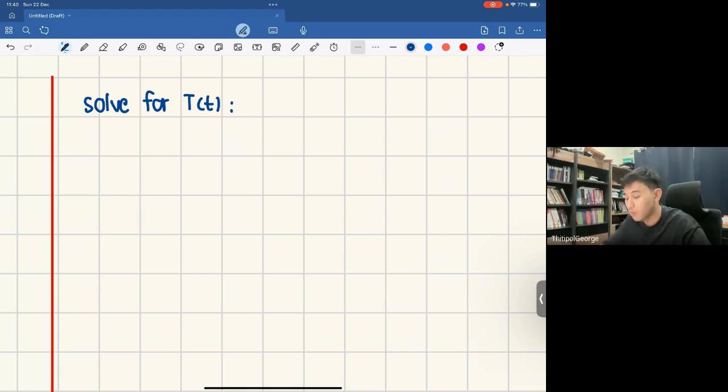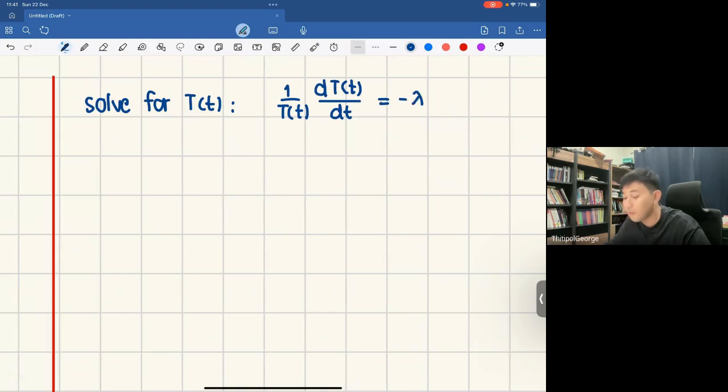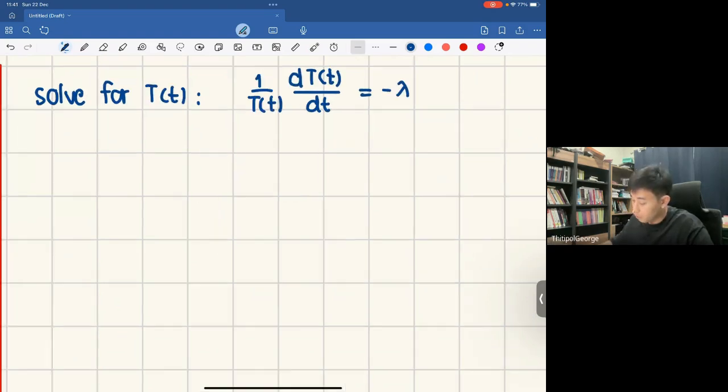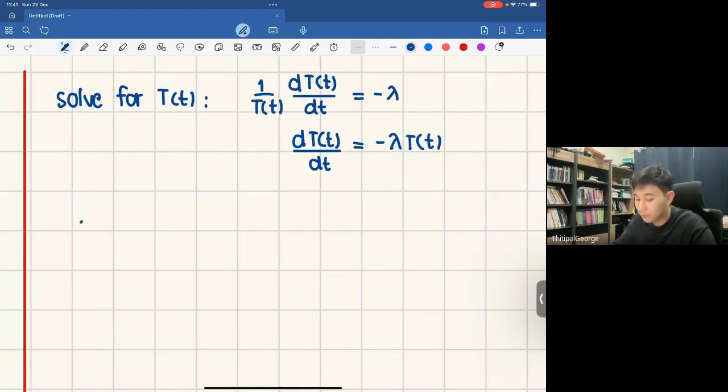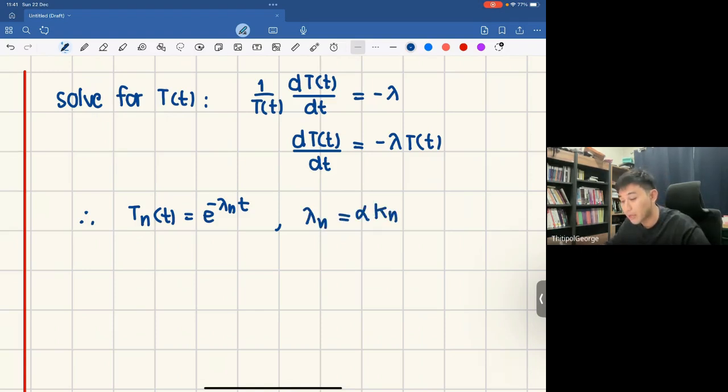We can use 1 over T times dT by dt equals negative lambda, so we get that dT over dt would be equal to negative lambda T. The solution Tn should be e to the negative lambda n t, in which lambda n should be equal to alpha kn squared.